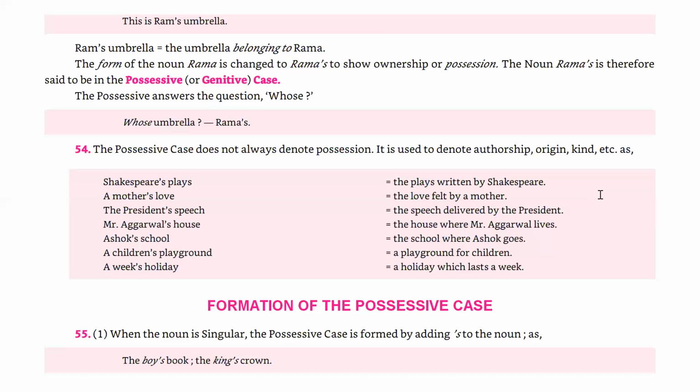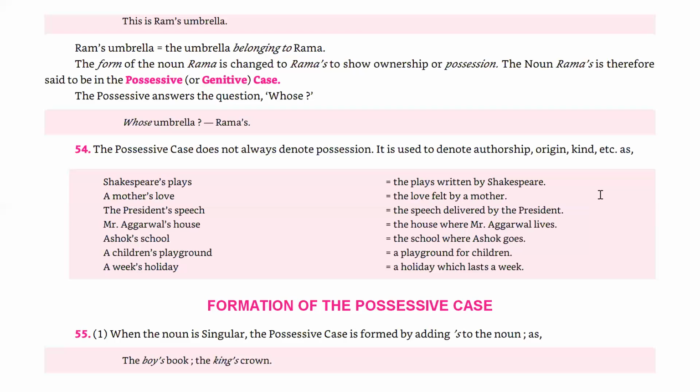Whose playground? The children's playground. Okay, so it tries to answer the question and it denotes authorship. Authorship means who has written, who has created something. It answers the question of origin, means from where it started. Kind means type, etc.